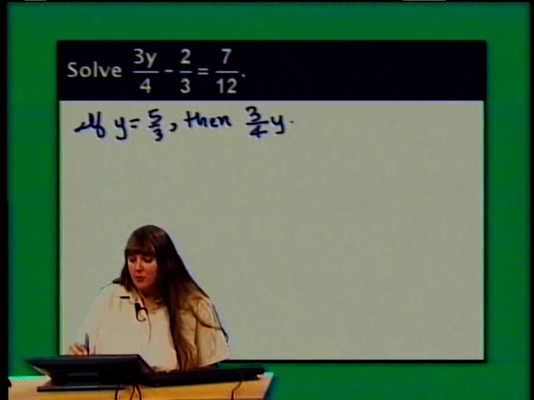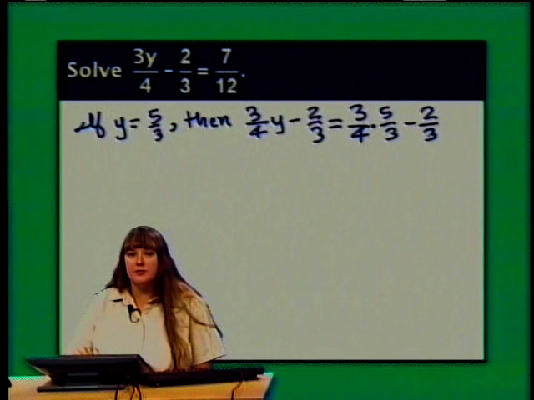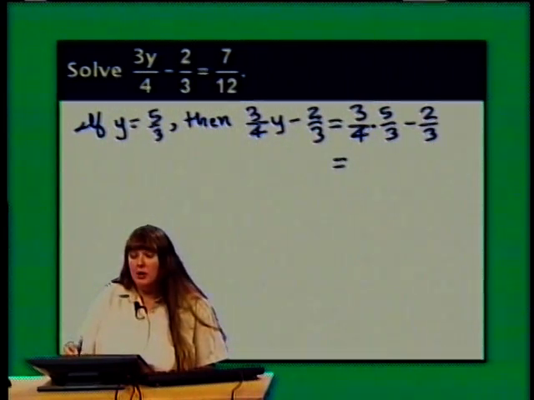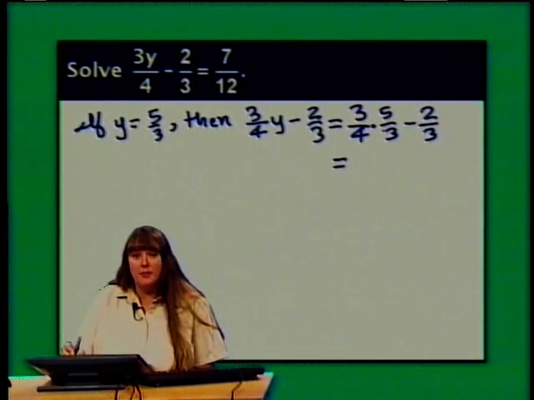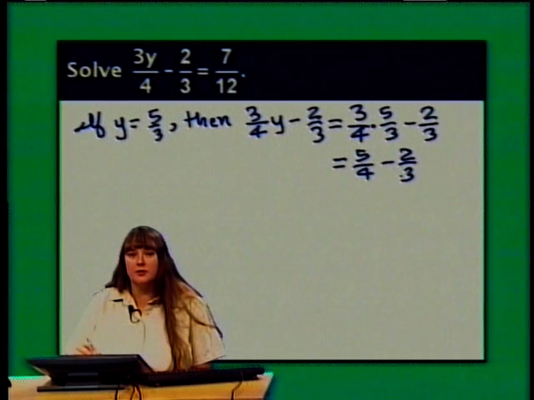So I have 3/4 y minus 2/3, which would be 3/4 times 5/3 minus 2/3. 3 goes into 3 one time, so my first term simplifies to 5/4, and I'm subtracting 2/3.